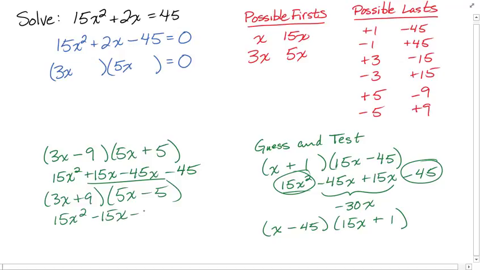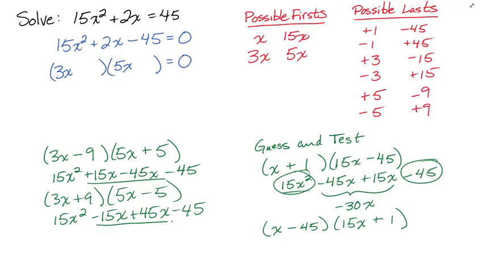Inner is a plus 45x. And last is a minus 45. So what do we get? We get a plus 30x. So if you just swap the signs, you're just going to get the opposite number. So a minus 30x in the first case, a plus 30x in the second case, neither of which work.